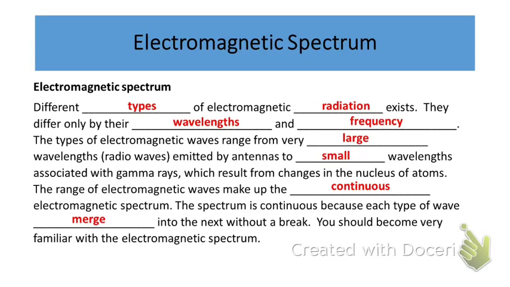The range of electromagnetic waves make up what is known as the continuous electromagnetic spectrum. The spectrum is continuous because each type of wave merges into the next without a break, and you should become very familiar with the electromagnetic spectrum.